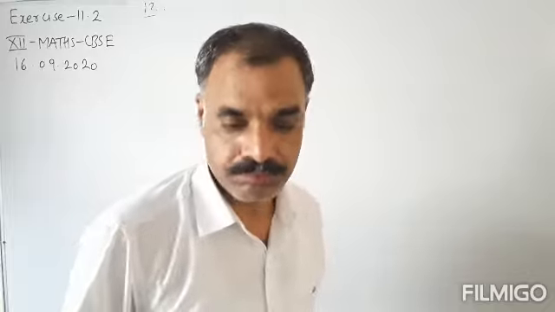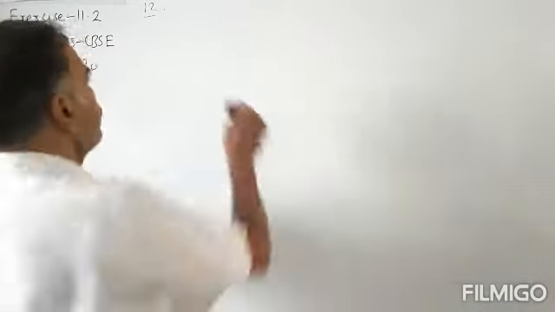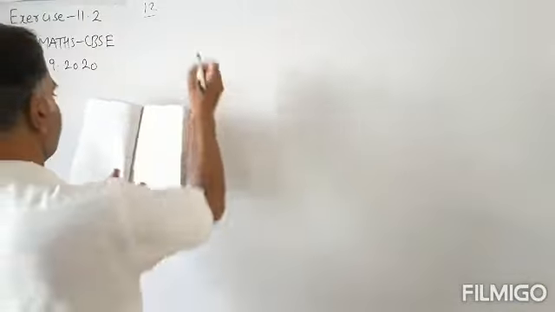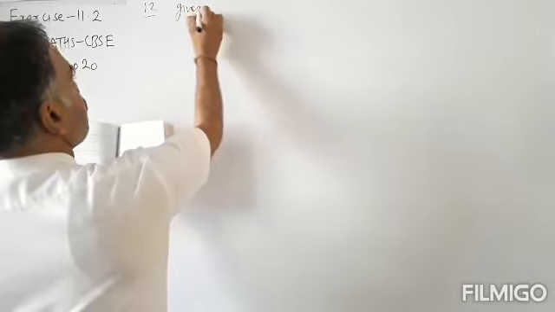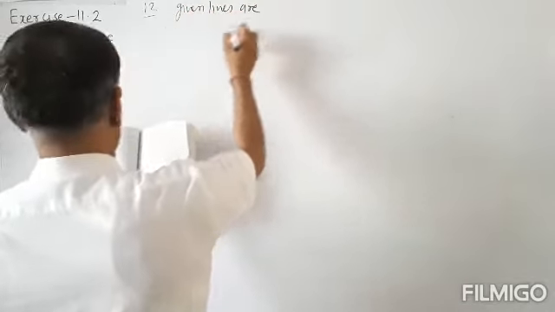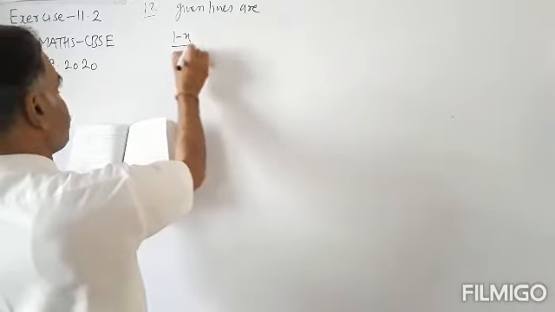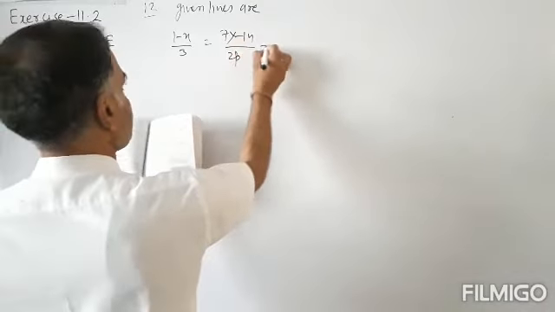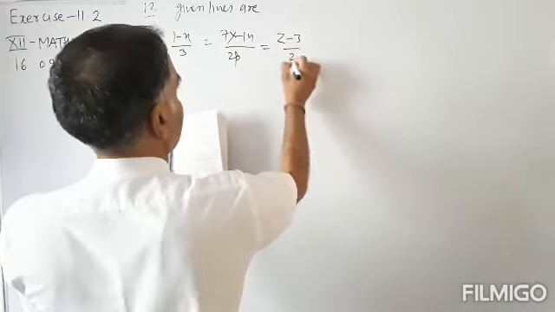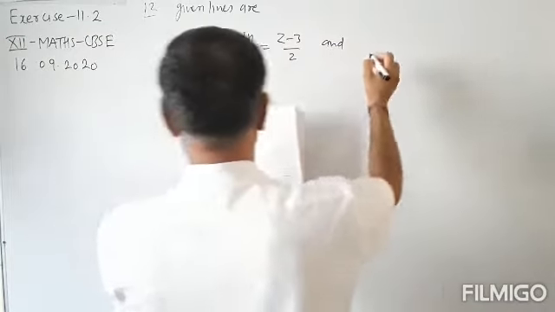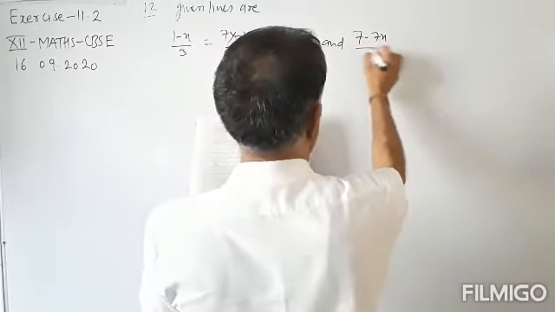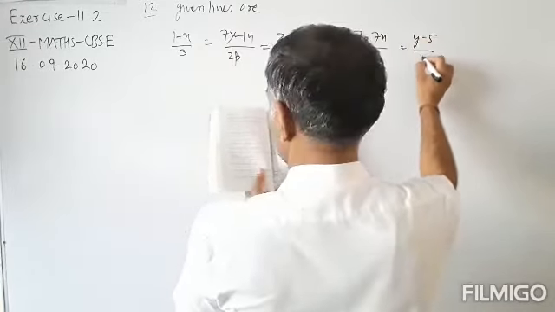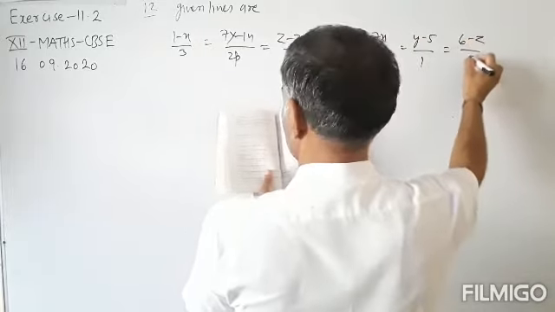The two lines are: (1 minus x) upon 3 equals (7y minus 14) upon 2p equals (z minus 3) upon 2. And the second line is (7 minus 7x) upon 3p equals (y minus 5) upon 1 equals (6 minus z) upon 5.